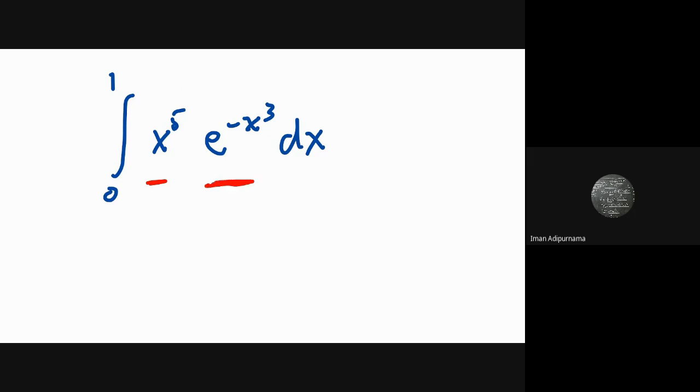We know that if you integrate or differentiate e, it will stay similar, but it has this power of negative x cubed. For example, with e to the power of 2x, when you differentiate you still have e to the 2x, but you need to multiply by 2. Same thing with integrating, it will still be the same, but you divide by 2.